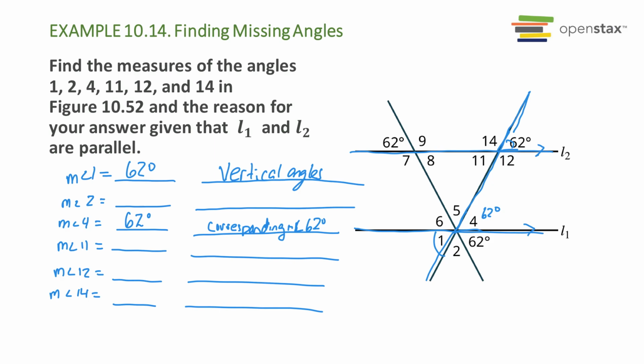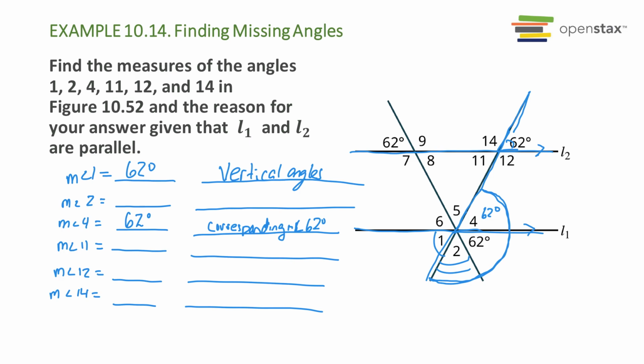So how do we find angle 2 here? Well, notice that all of these angles make up a straight line, okay? So that means angle 2 plus 62 plus 62 have to add up to 180.